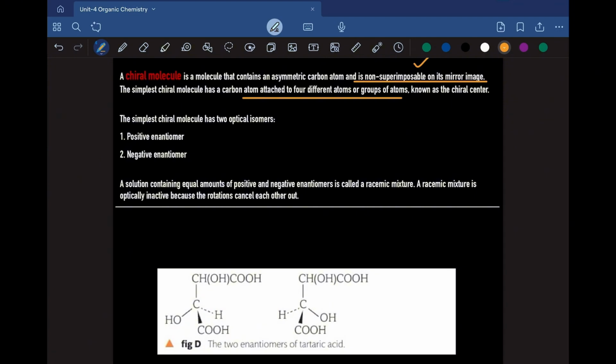So basically that doesn't perfectly overlap. By this example you might have understood, or you might not, but I will show you some more examples in order to make you understand the chiral molecule.